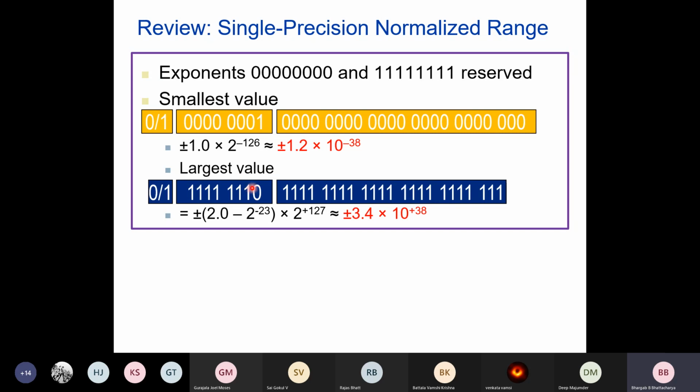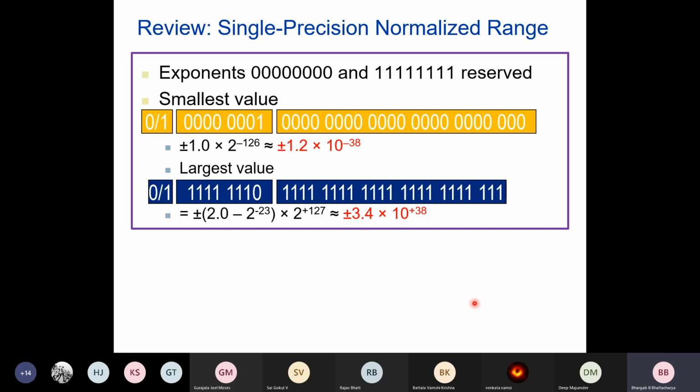Similarly, for the largest exponent we cannot have all 1 because that is reserved. So the maximum is 254, which turns out to be 2 to the power plus 127 because of excess bias. To maximize the mantissa, we write all 1, which turns out to be 2.0 minus 2 to the power minus 23. So this is the maximum range.